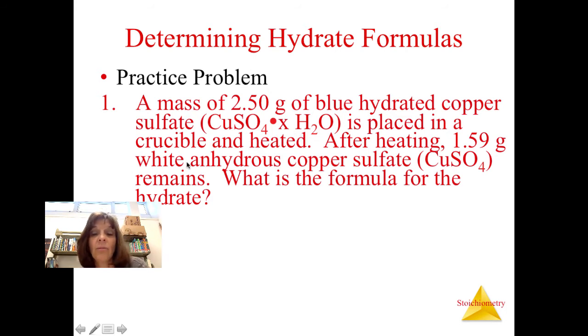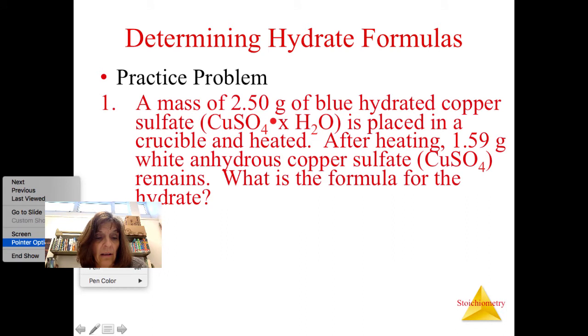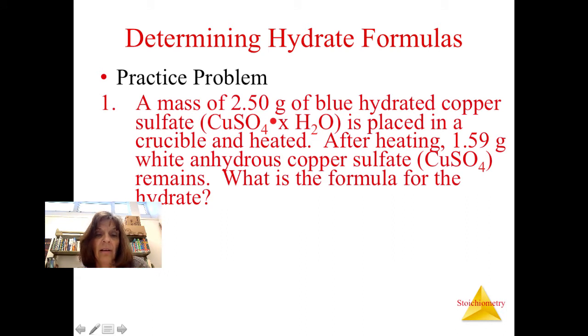And then you're going to find the mole ratio of those two parts. So let's walk through a problem. So in this case, we know the original mass was 2.50 grams of the hydrate, and we have 1.59 grams of the anhydrous copper sulfate.